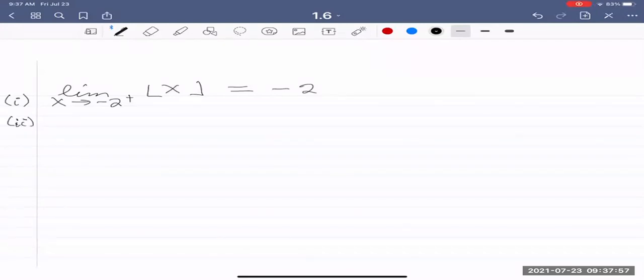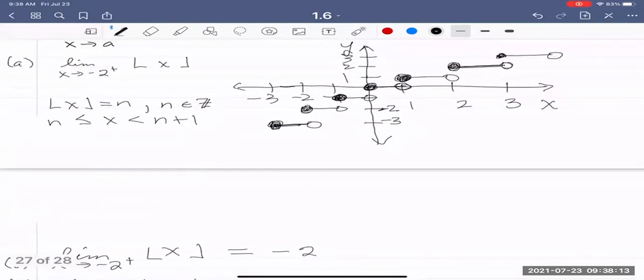So part 2 of A says to find the limit as x approaches -2. So I now want to find the two-sided limit. So let's try to determine my two-sided limit. And so I have here -2. I want to approach from both the right and from the left.